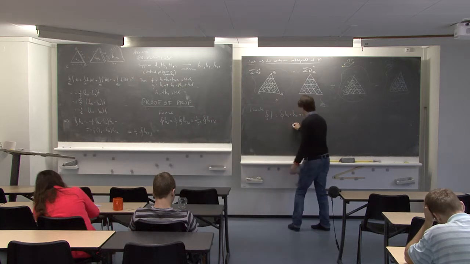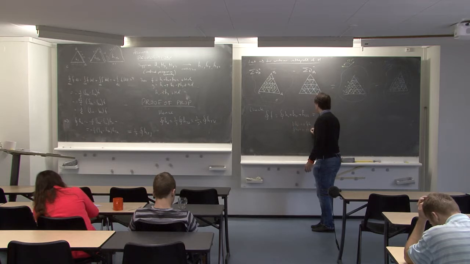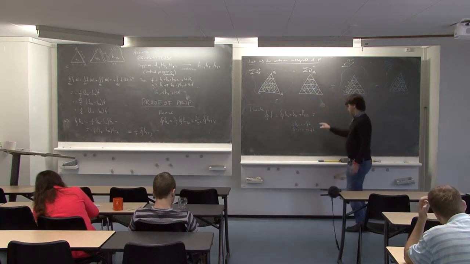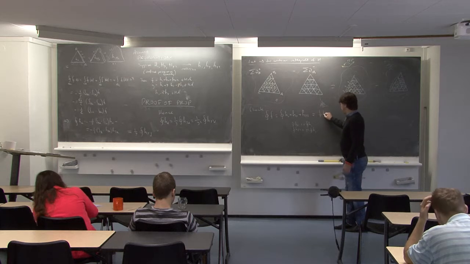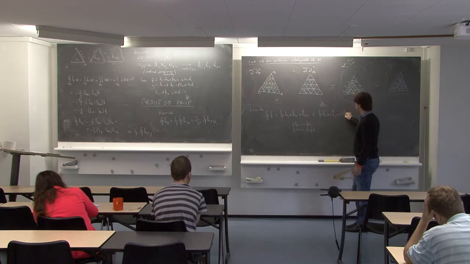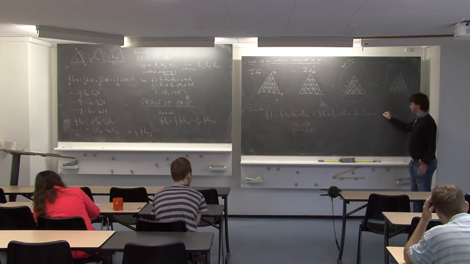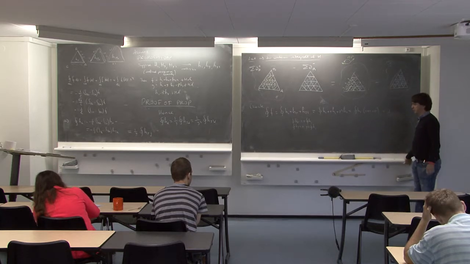The contour integral of h tau squared is tau squared times the contour integral of h1. So we get the contour integral of h1 plus tau h1 plus tau squared h1. So it's the contour integral of h1 times 1 plus tau plus tau squared, and it's equal to 0.